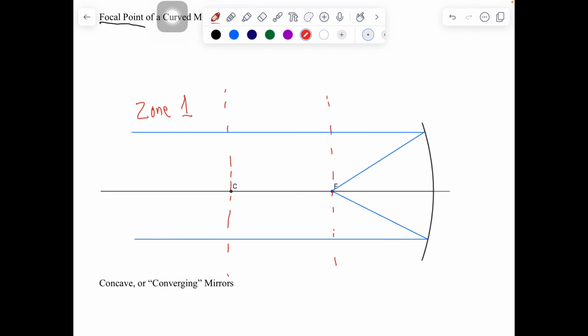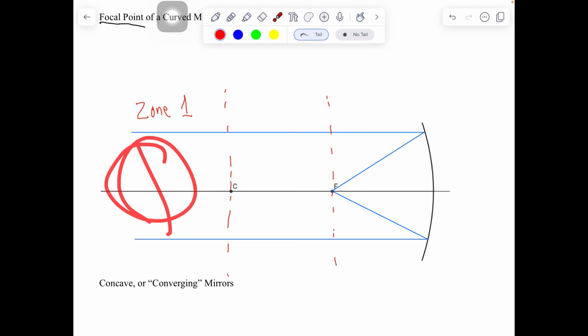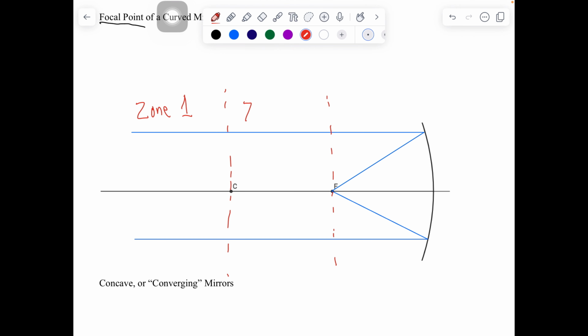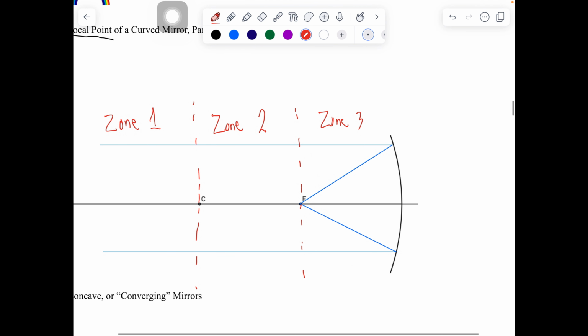So zone 1 is this whole area beyond the center of curvature. Zone 2 is in between the center of curvature and the focus. Zone 3 is between the focus and the mirror. And lastly, behind the mirror is what we call zone 4.